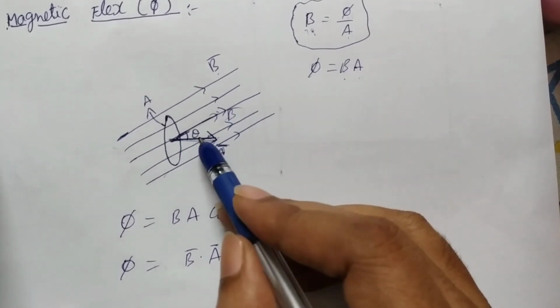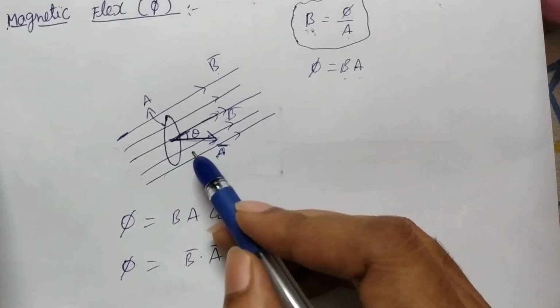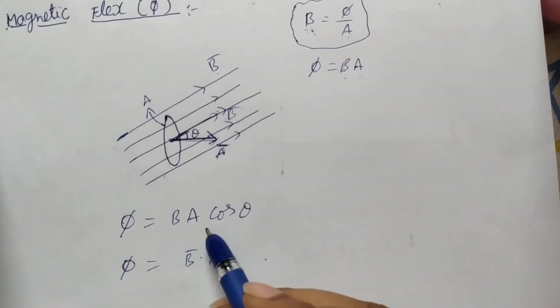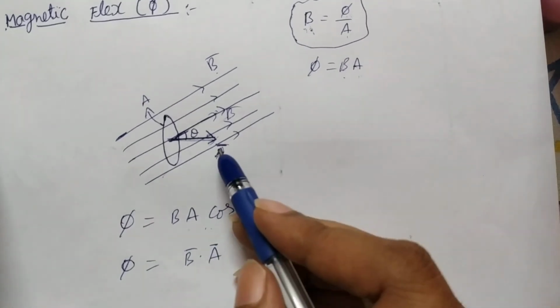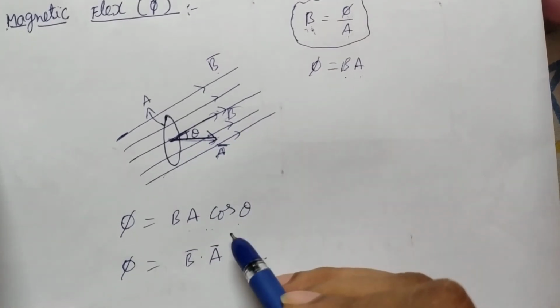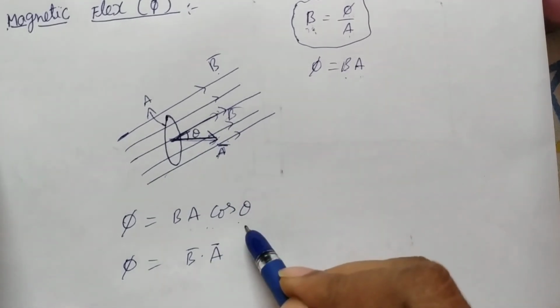If the angle between B bar and A bar is 0, you get maximum flux. If these two are perpendicular, then you get minimum flux. So flux phi is equal to BA cos theta, where theta is the angle between A bar and B bar. And A bar means the normal to the surface. Normal to surface and magnetic field at 0, then you get maximum flux.